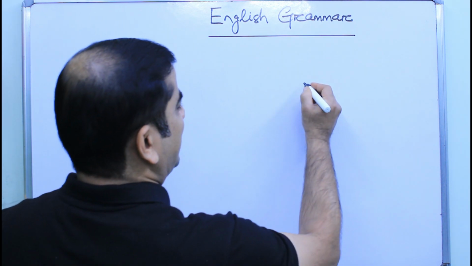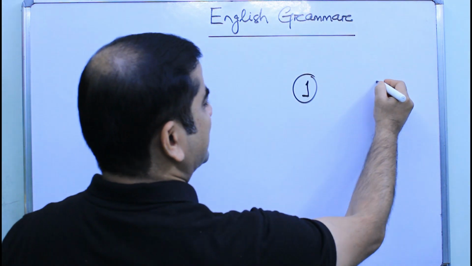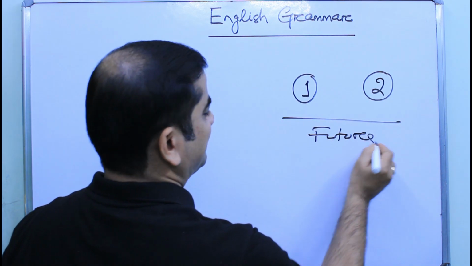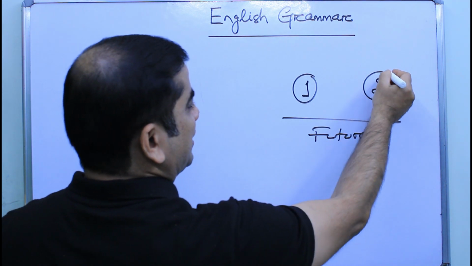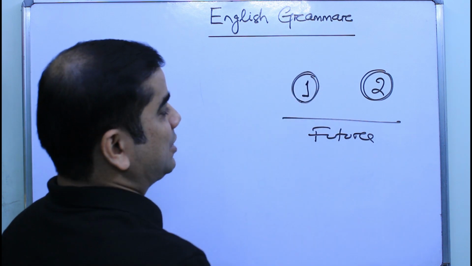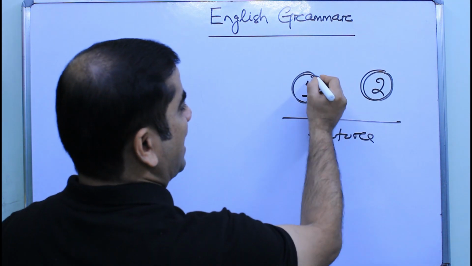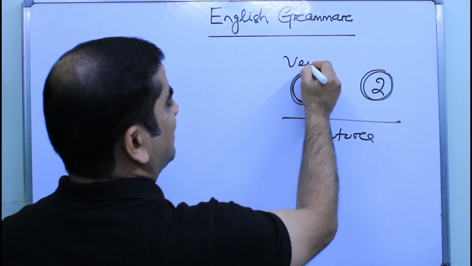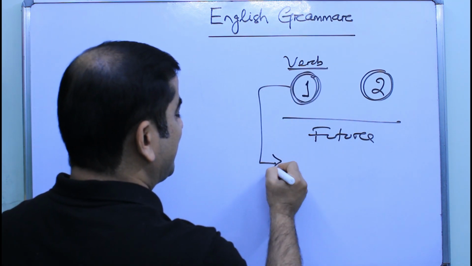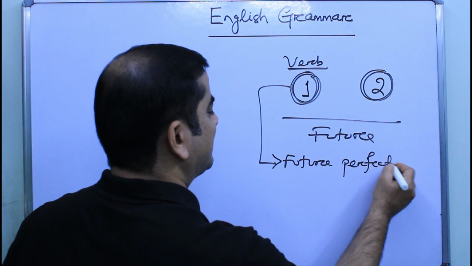Suppose there is an action 1 and this is action 2. Both are in future. Action 2 happens after action 1, so action 1 happens before action 2. That's why the verb that we use for action 1 should be in future perfect.